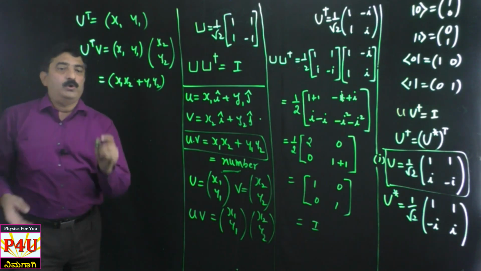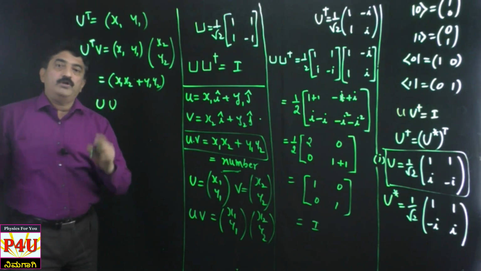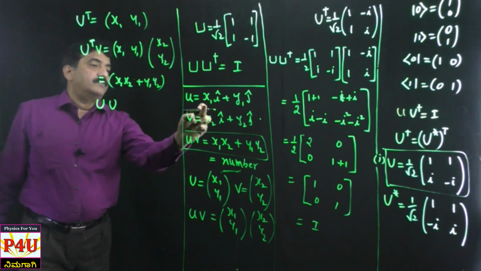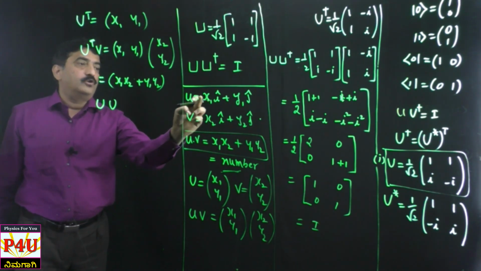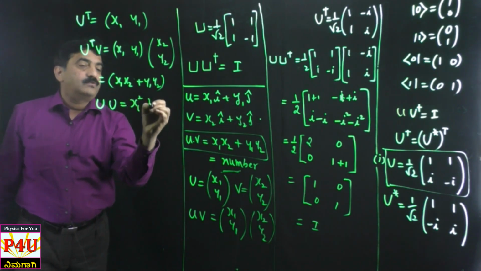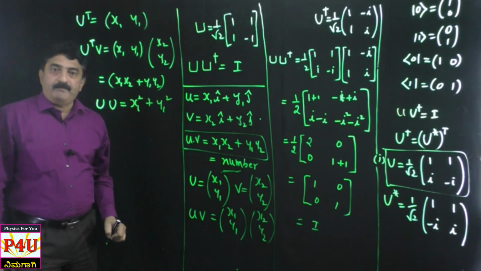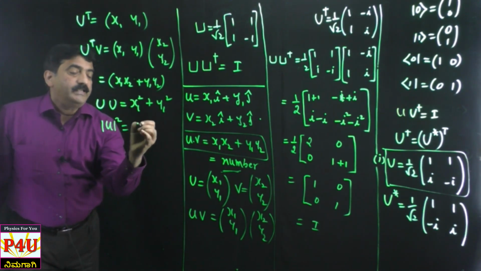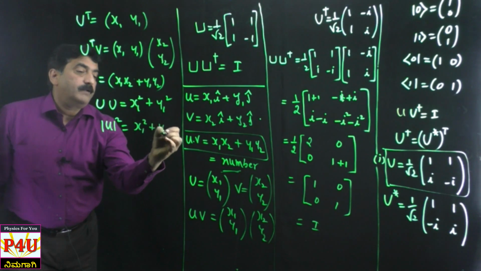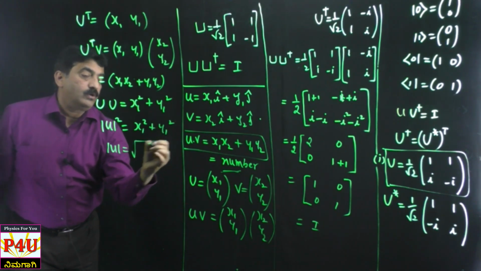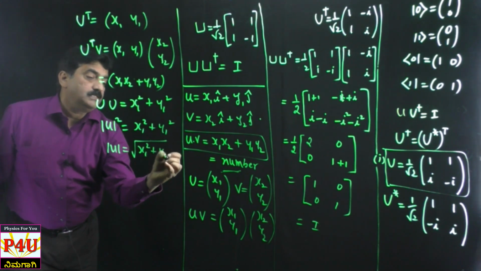The dot product of u with u, x1 y1 with x1 y1, is going to be x1 square plus y1 square, right? That is, u square is going to be x1 square plus y1 square. If I want just u, that is going to be the root of x1 square plus y1 square.